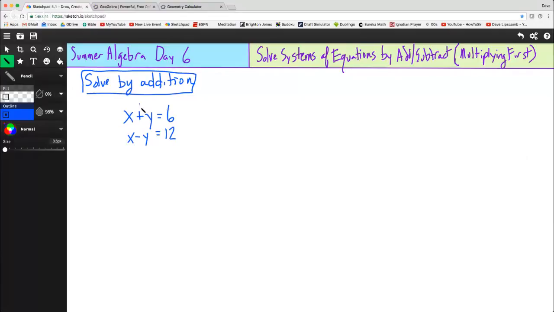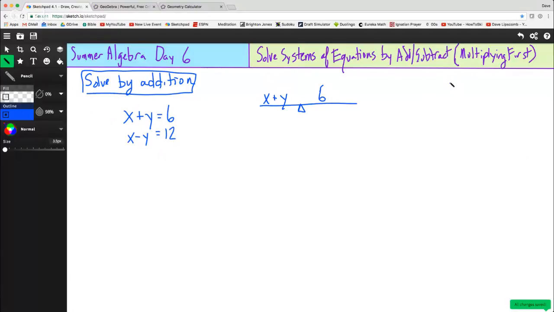So what I'm going to talk to you about is how we can solve this system. If I know that two numbers added together are 6 and their difference is 12, how can I solve this? Well, this is the conceptual understanding, and then we'll get into how you actually do it, the fluency portion.